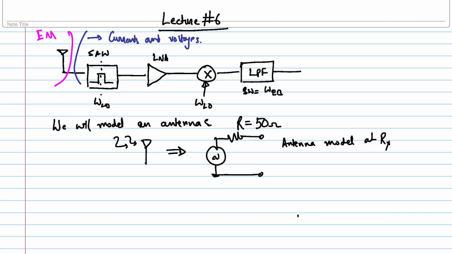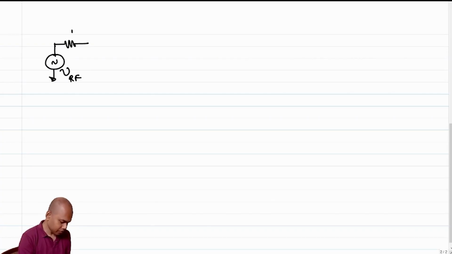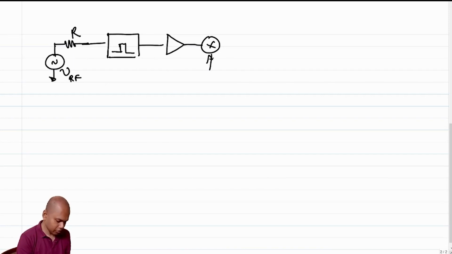Fine, so which essentially means that for all practical purposes I can replace my antenna with a voltage source, which is VRF, and an R, and then you have a SAW filter, and then you have an LNA, then you have a mixer, then you have a low pass filter.